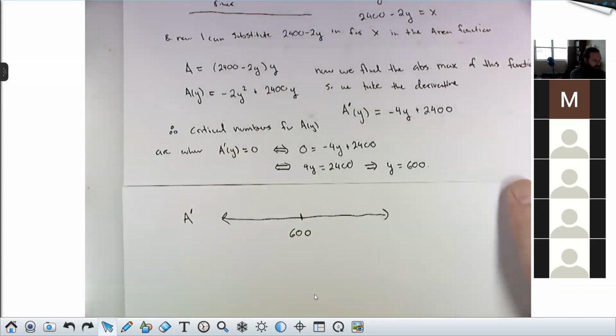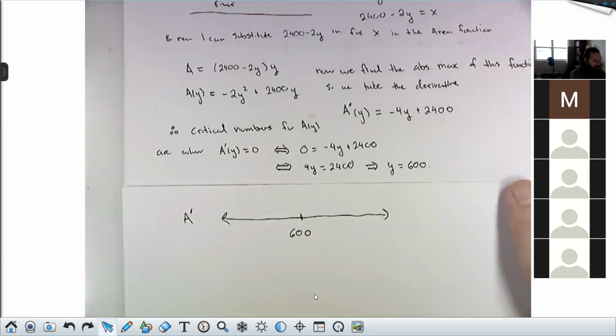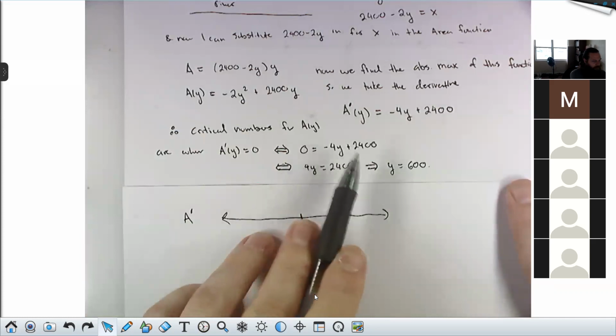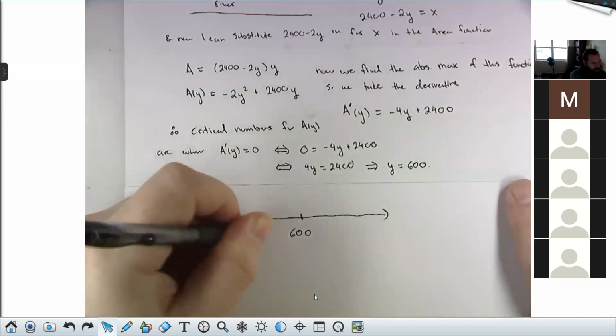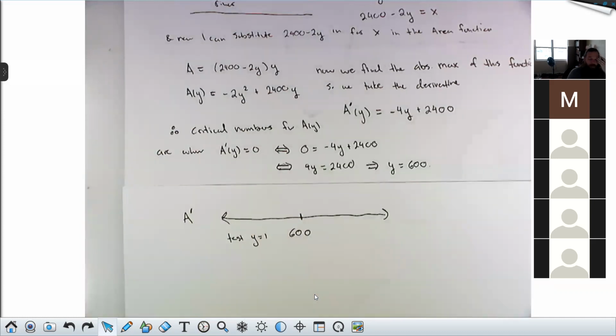If we test something to the left of 600, like 1, then this is negative 4 plus 2400. You do want to be a little bit smart about choosing your test points here. y equals 0 would not be a really wise test point to use, because I'm not interested in a pasture that has one of the dimensions 0.